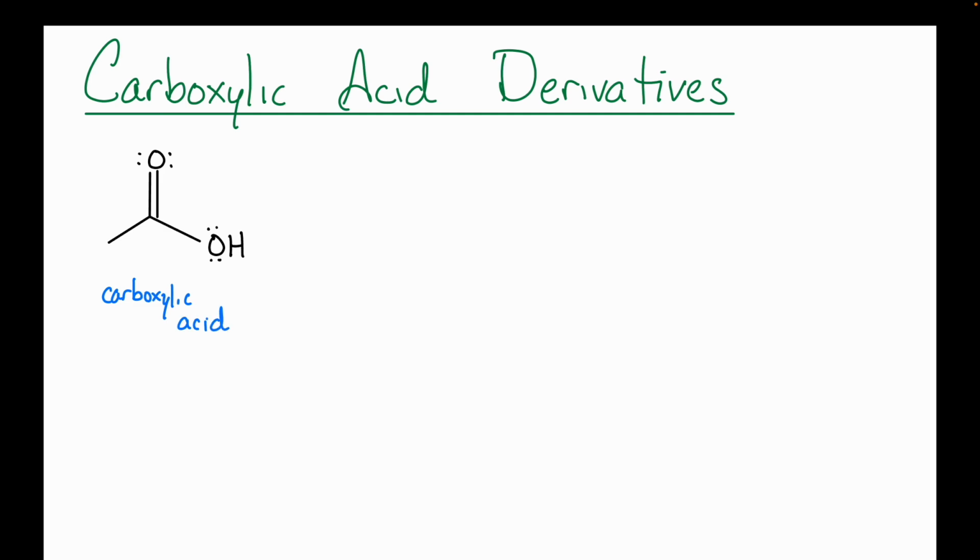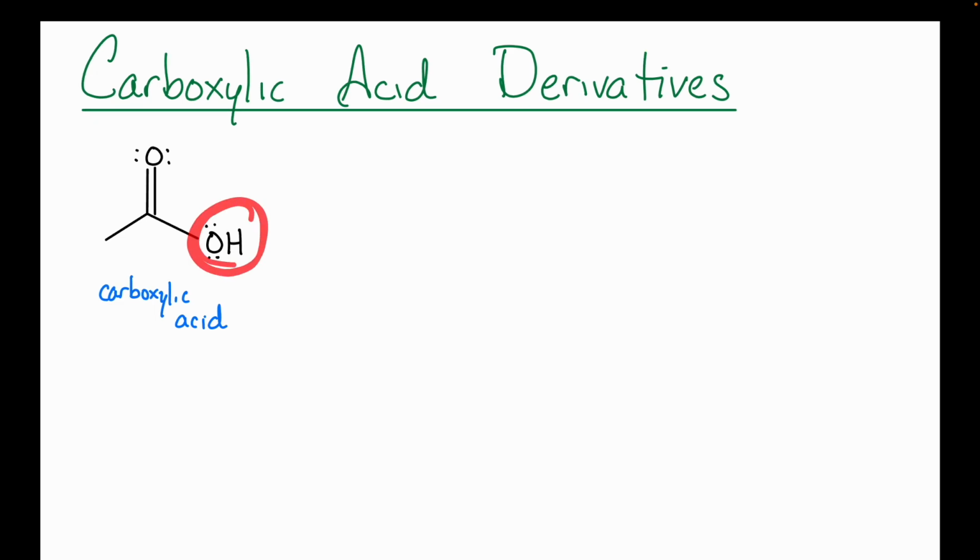All right, and what we're going to see is this common theme here of our carboxylic acid derivatives, where bound to this carbonyl carbon is going to be some electronegative group, right? This is what's going to distinguish this set of functional groups from aldehydes and ketones, is we're going to be swapping out this hydroxyl group here for some other electronegative atom.